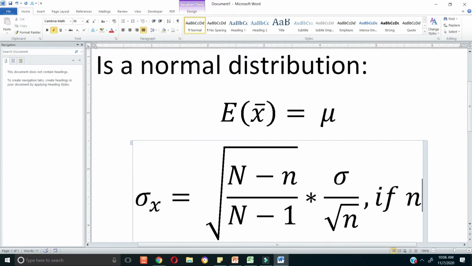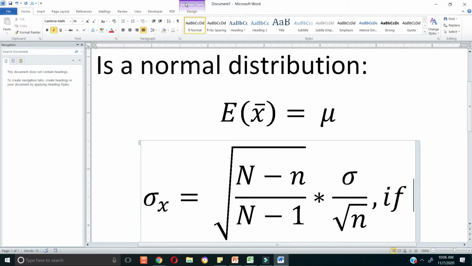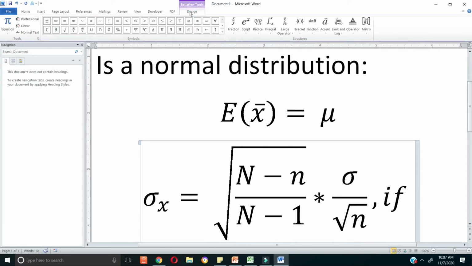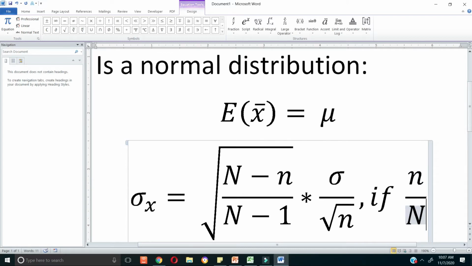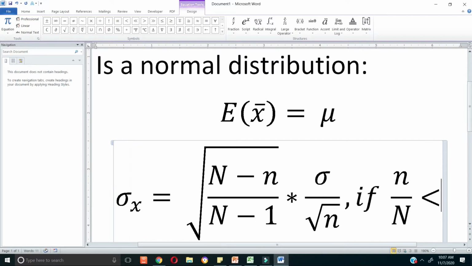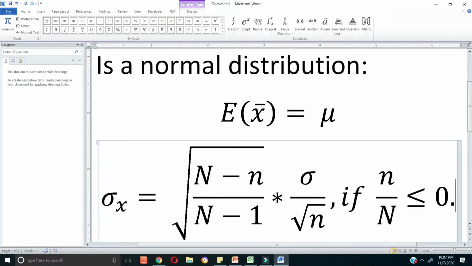So we need another fraction. This is true if n over capital N is less than or equal to 0.05.